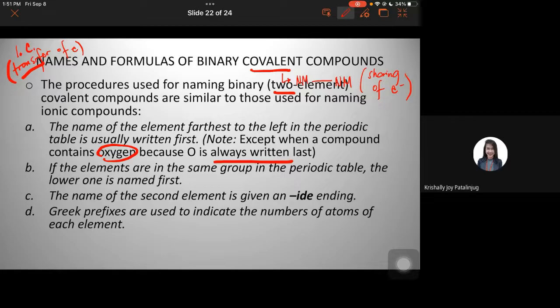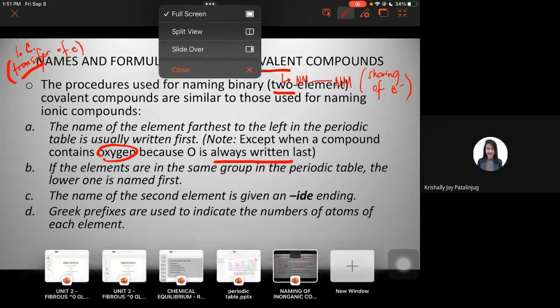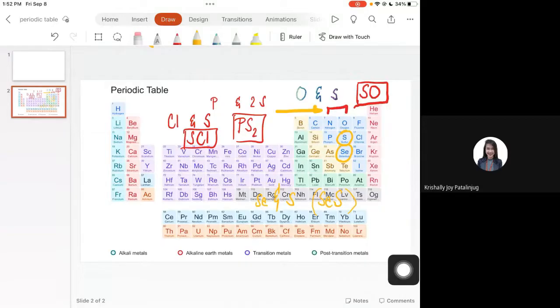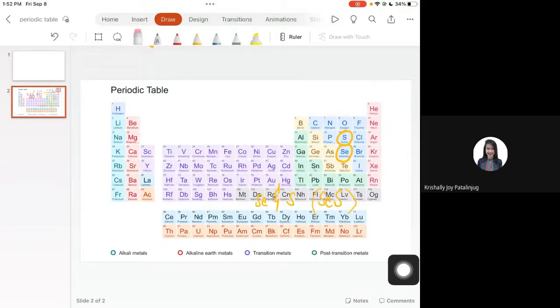Let me give you a sample analogy to better understand letter A. Let's go to the periodic table. Let me erase these writings. Let's say you have the elements oxygen and nitrogen.